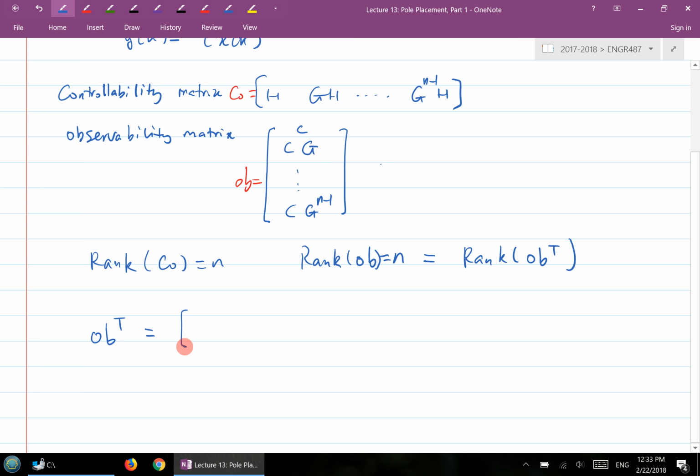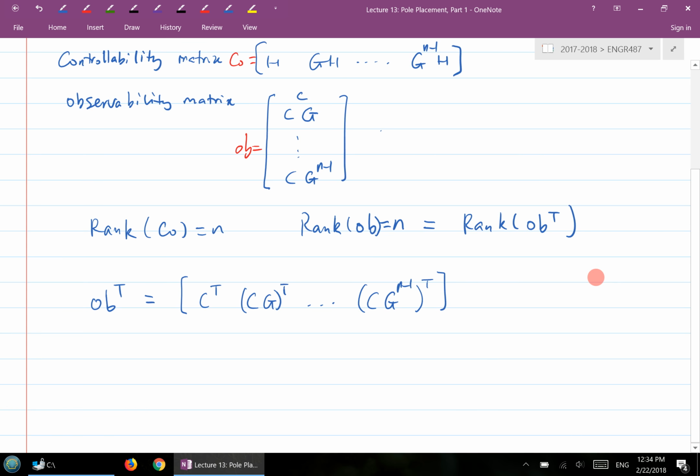So the transpose: you transpose this whole column vector and it becomes a row vector, and then you take a transpose of each individual element. So what you end up with is C transpose, then G transpose C transpose, and up to (G to the power of n minus 1) transpose C transpose. That's the transpose of this observability matrix, right? So the column becomes a row, and you take the transpose of each element.